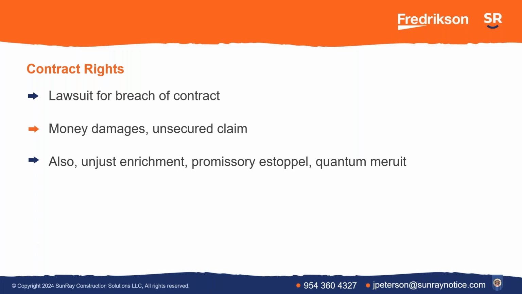You also can sue for unjust enrichment or promissory estoppel or quantum meruit, which are old Blackstone-era common law claims for, hey, I did something for you, and even if I didn't have a watertight agreement with you where I can sue you for breach of a written contract, I did something for you, and it's only fair that you pay me for that.